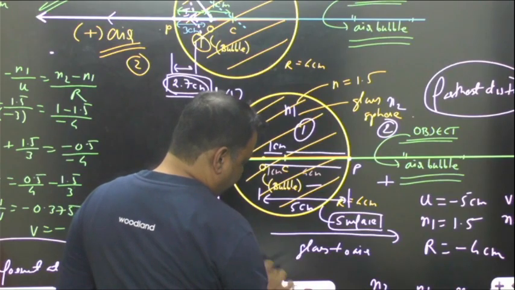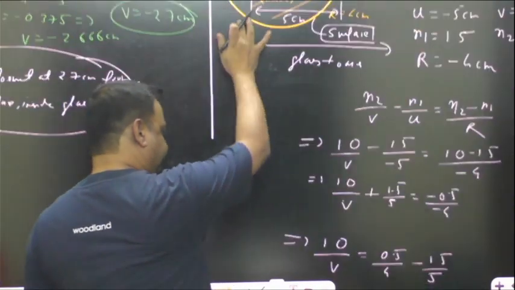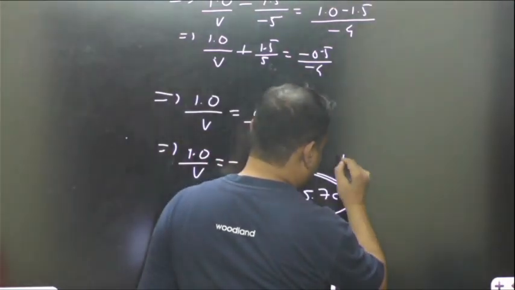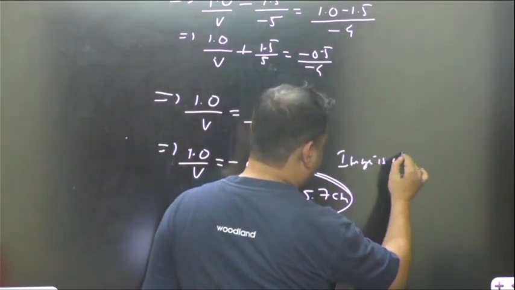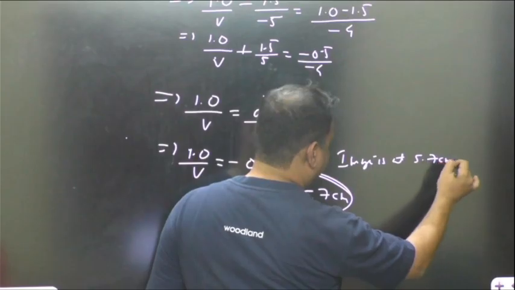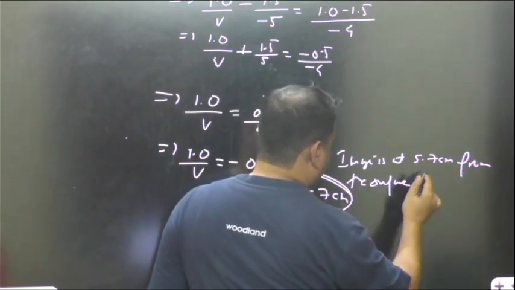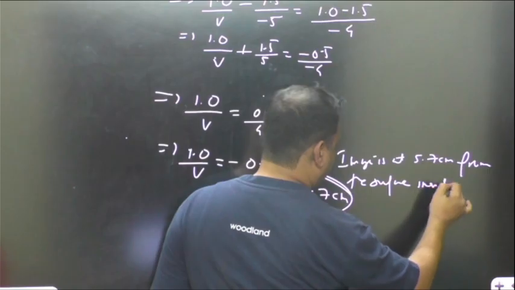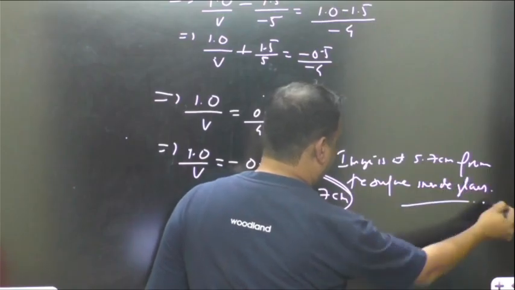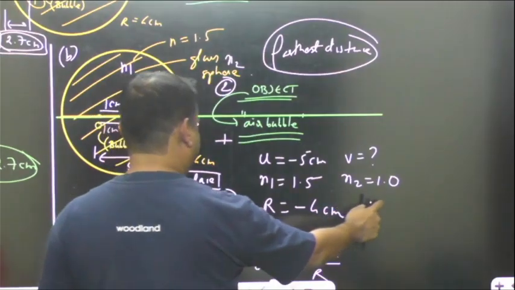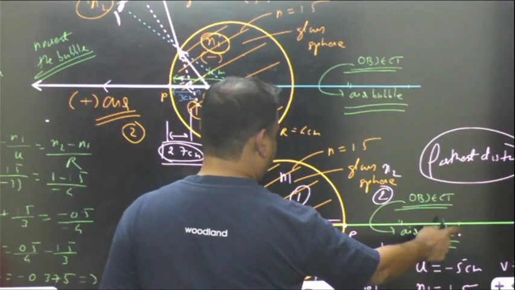So your image in this case is at 5.7 centimeter from the surface inside the glass.